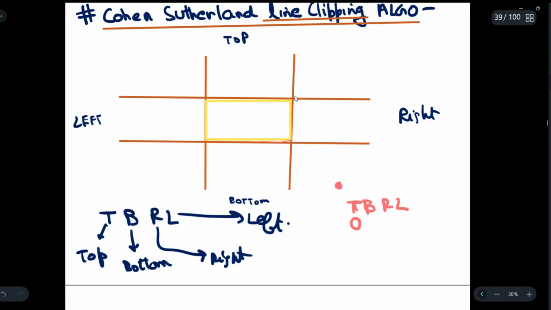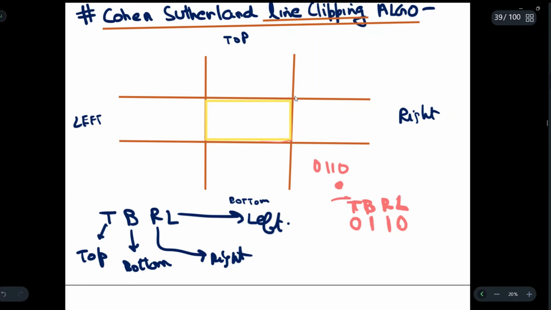It lies at the bottom, so we will give B as 1. Now this lies on the right-hand side of the polygon, so we will write 1 again. If it lies on the right, then it cannot lie on the left, so we will put 0 over here. So the code for this portion will be 0, 1, 1, 0.